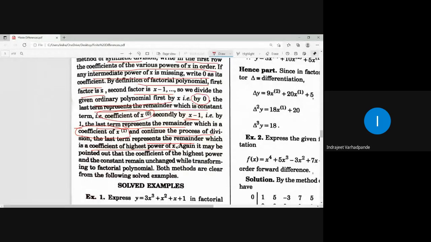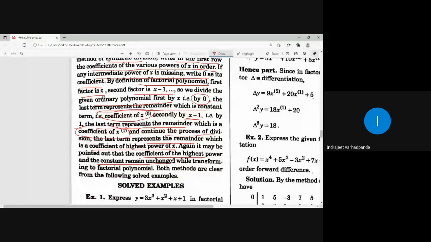Again, it may be pointed out that the coefficient of the highest power and the constant term remain unchanged while transforming to the factorial polynomial. So we will now apply this process of synthetic division to convert the given polynomial into factorial notation.